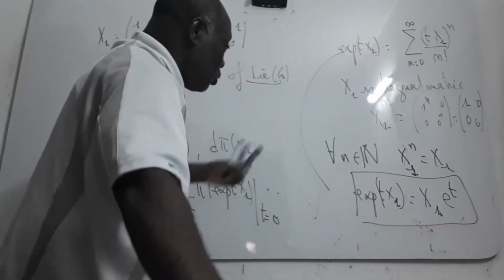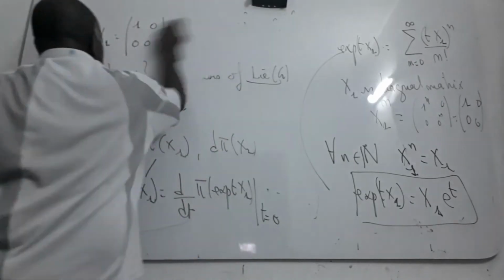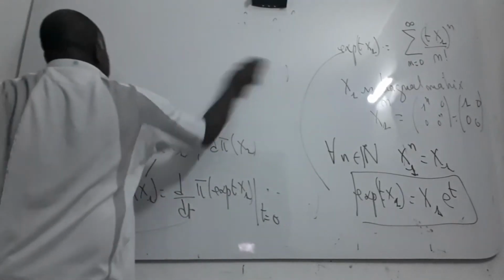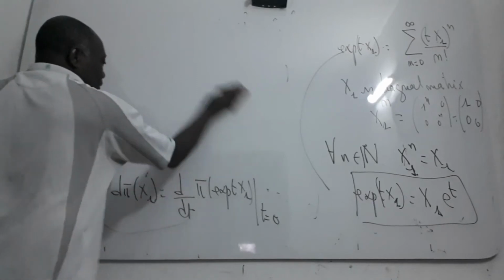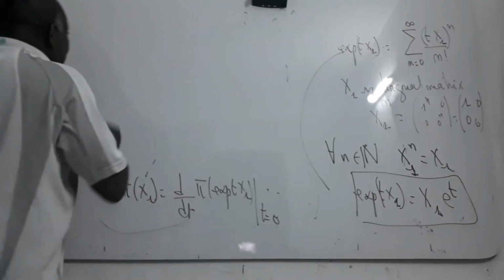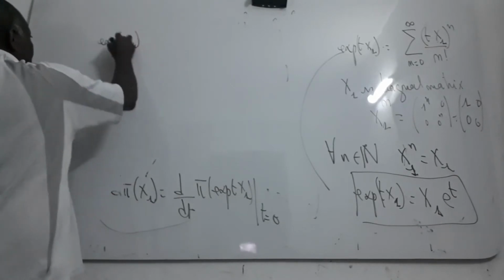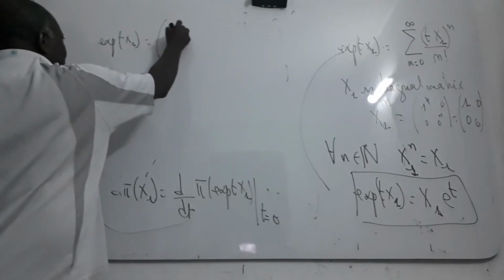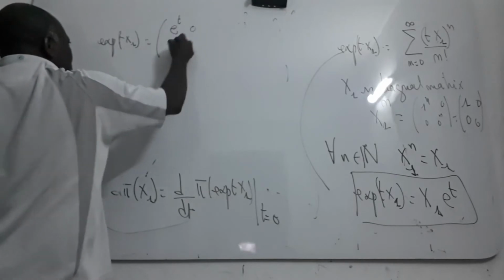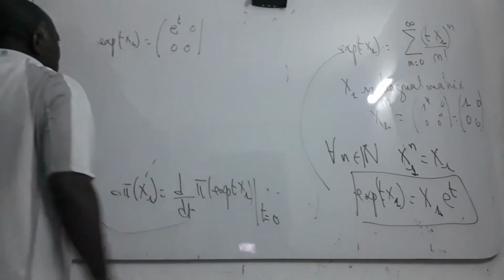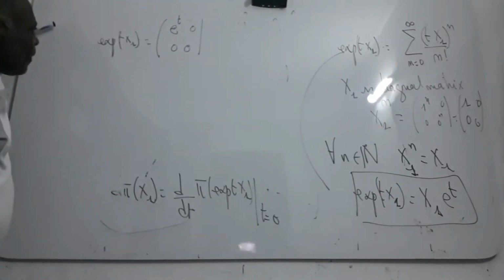So if you have to compute it, you have to see something very easy. The exponential of t S1 equals the exponential of t times the matrix with 0s.